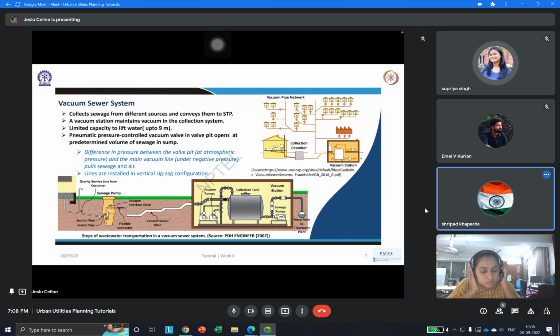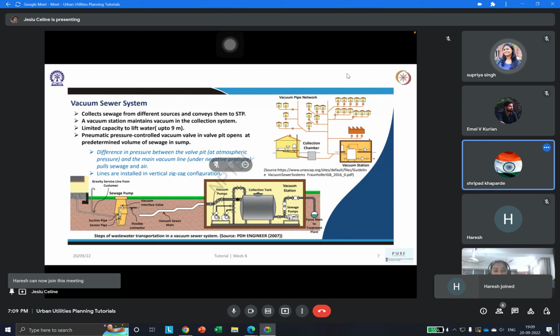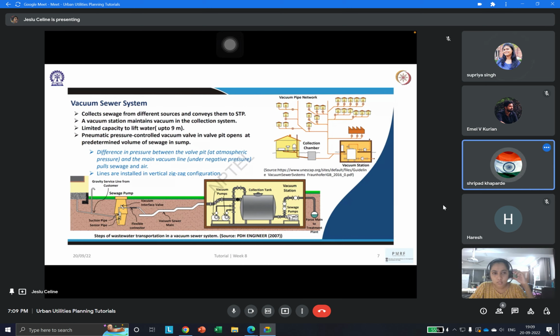Madam, the vacuum system is generally installed in congested areas or existing cities where no slopes can be followed.